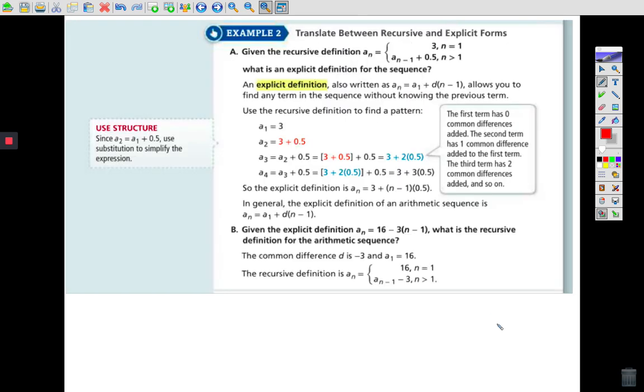All right, example 2 has all this big written out definition of something, and it says an explicit definition, and it tells you what the explicit definition is. Guys, that's the only thing that I am concerned about from this part right here. I want you to write this out to the side. If you can't see it, it is there on your paper on page 33. I want you to write this formula out to the side, and you can even write that it's an explicit definition, because we will be referring back to this quite often today.